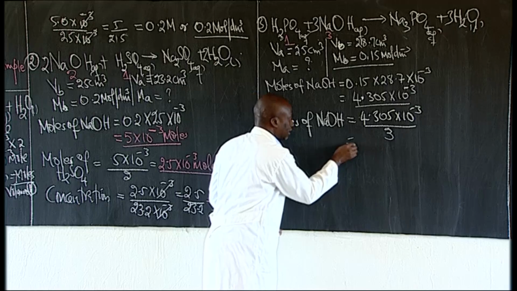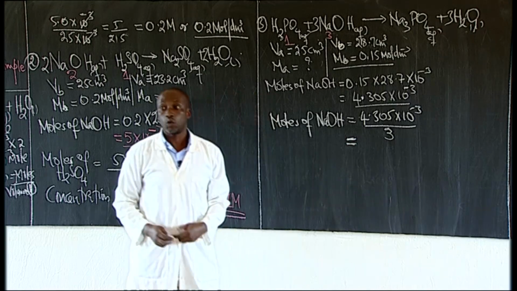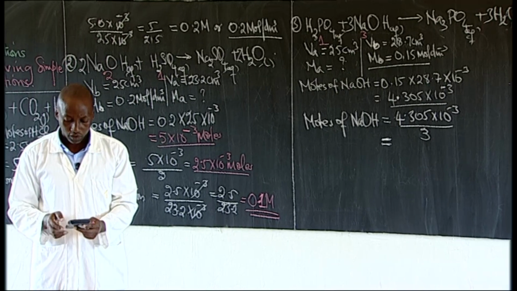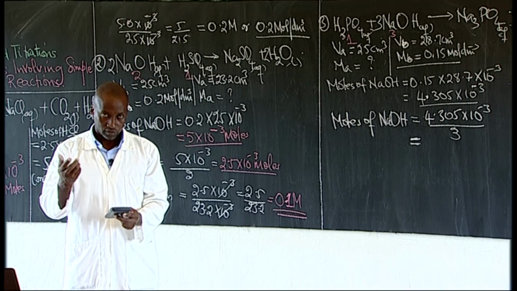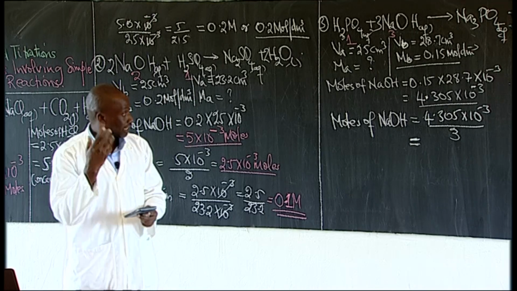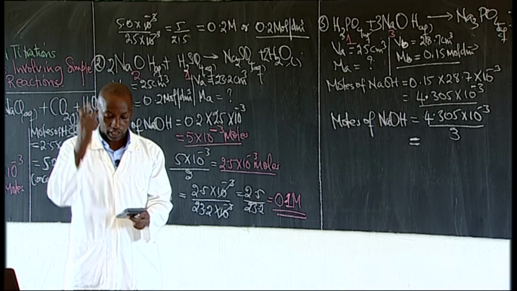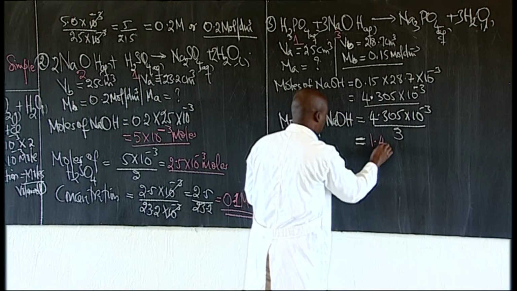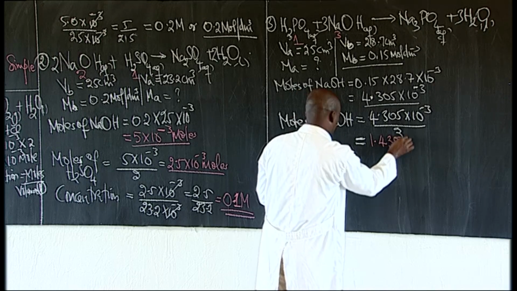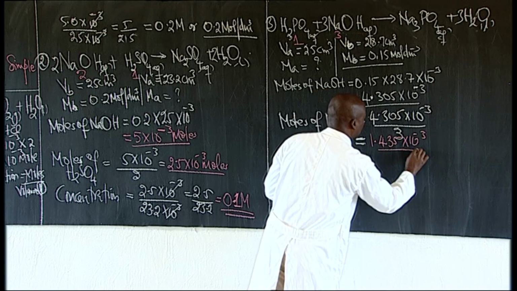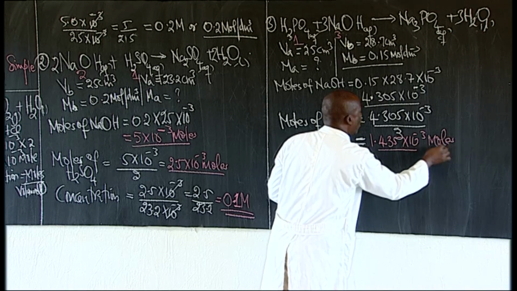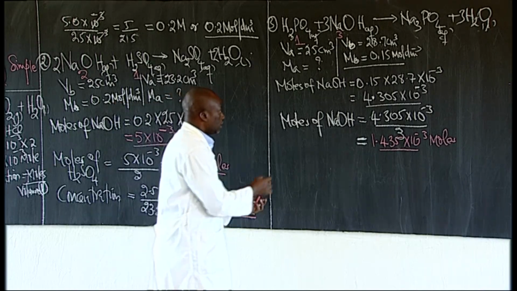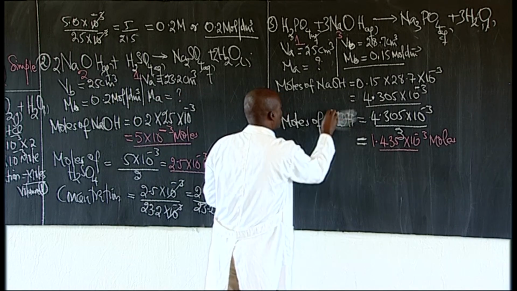When you divide by 3, press your calculator. What do you get? Mine is here. You should be having yours as well. And we press together so that we see whether we can get the same answer. Divide by 3. I have 1.435 times 10 to power negative 3. These are the moles of the acid, sorry, I think I made a mistake there. These are the moles of phosphoric acid.